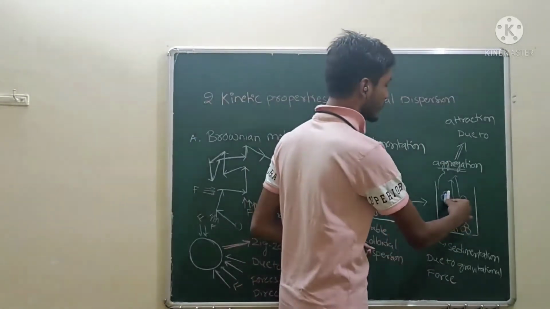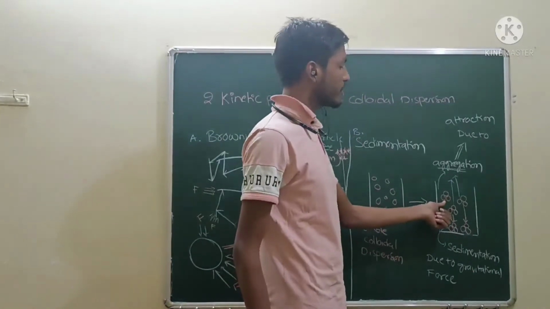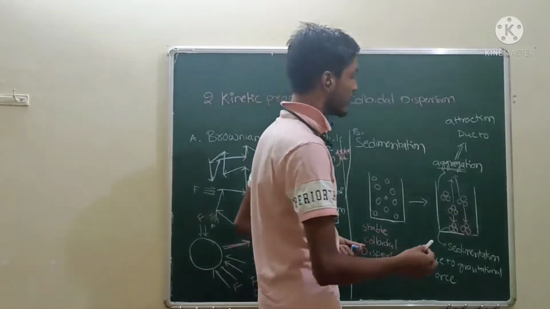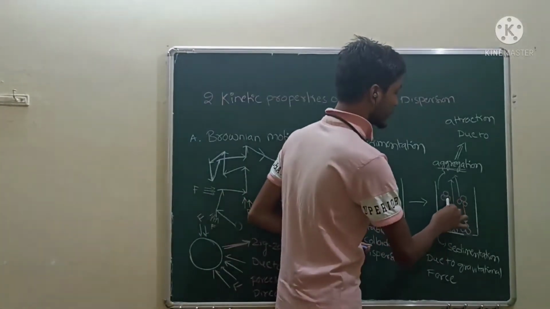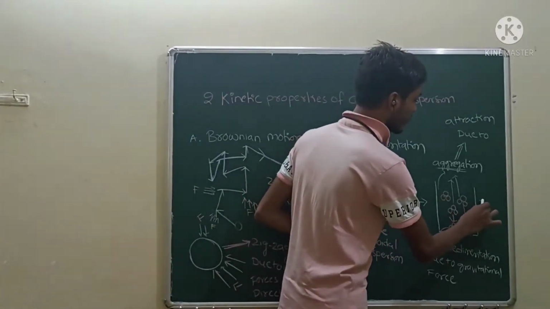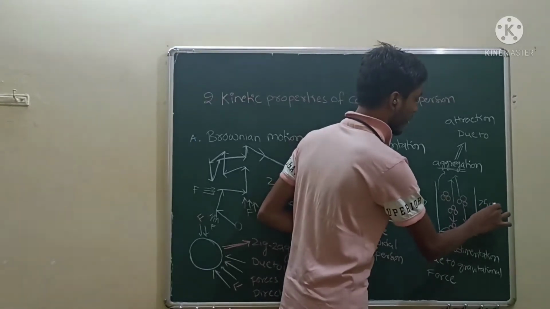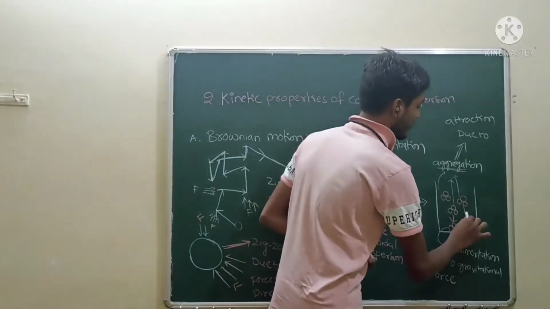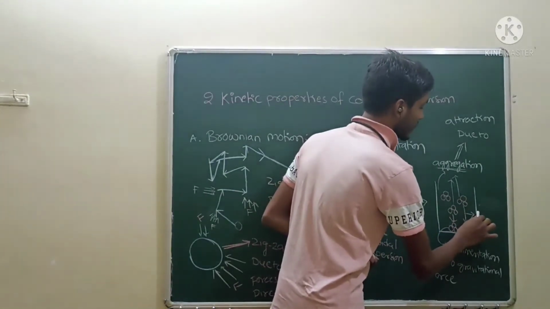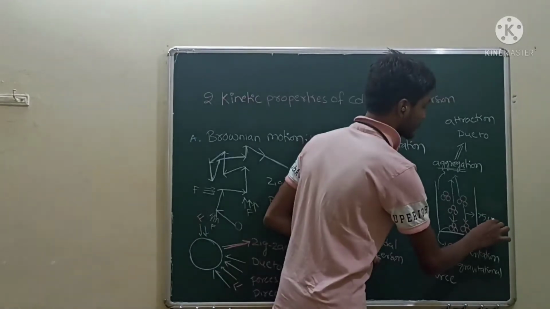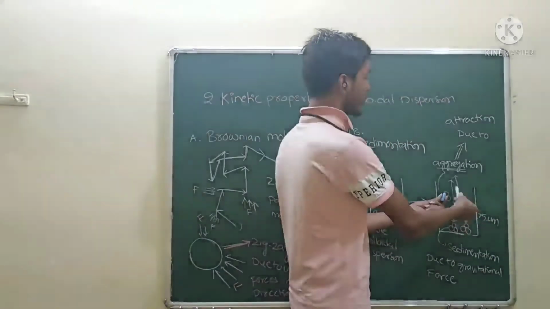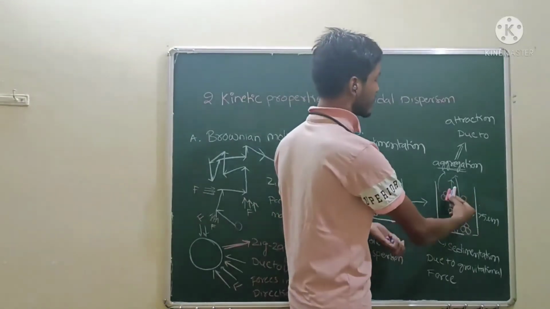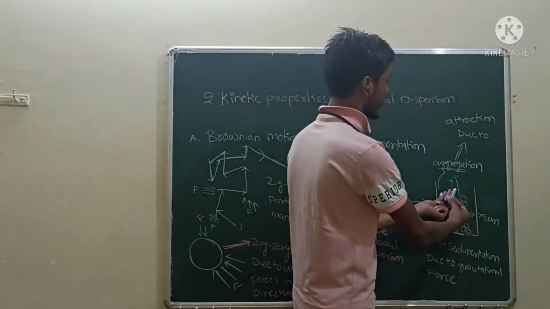Means first the combining of the particles is there. So whenever the particles are combined, and the particle size becomes greater than 5 micrometer, upon the combination and attraction of different particles, the size of the particle increases. Like this, the size of the particles increases.